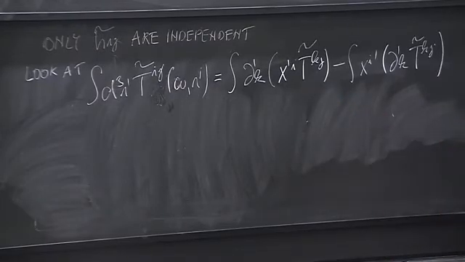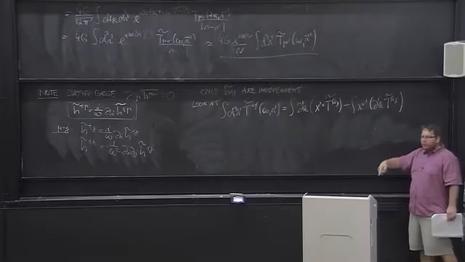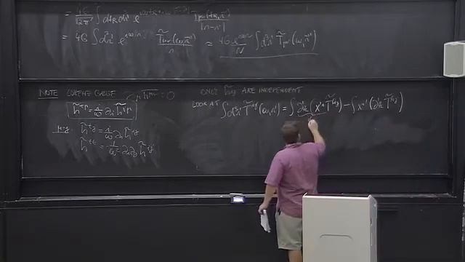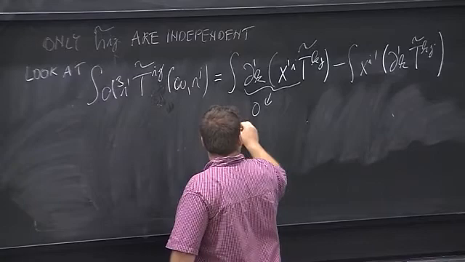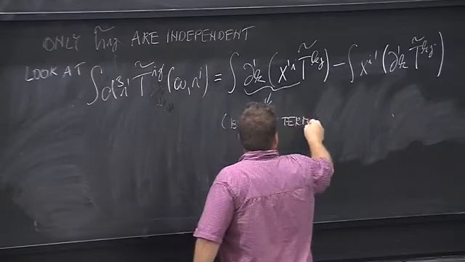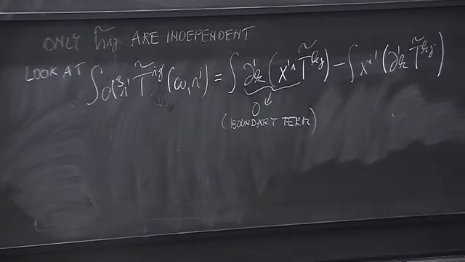I can turn it into a boundary term, but remember that our system is isolated. So if I go outside of the sources where T^{μν} is 0, then this thing will be 0. So this gives me 0, because it's a boundary term and we have an isolated system. Okay, so the only term which is left is this one here. But this is like a spatial divergence of my T^{μν}. But I know that my T^{μν} is conserved, so ∇_μ T^{μν} equals 0.